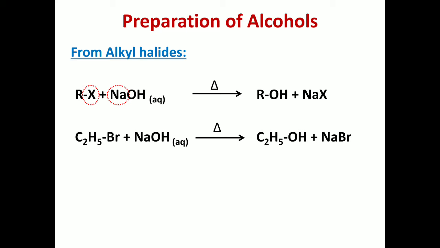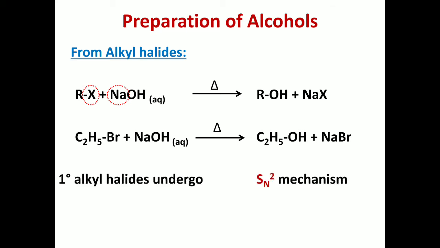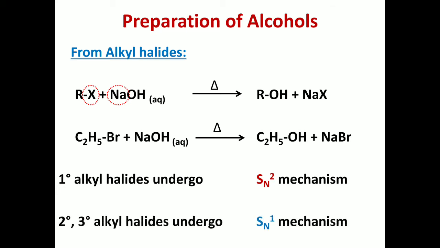Then we find NaBr removed as a byproduct, and the main product is C2H5OH, that is ethyl alcohol, or we could also call it ethanol. In this type of preparation, primary alkyl halides undergo substitution by SN2 reaction, and secondary and tertiary alkyl halides usually undergo nucleophilic substitution by SN1 mechanism.